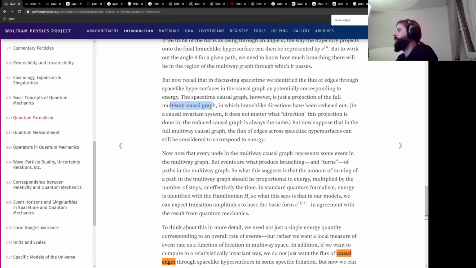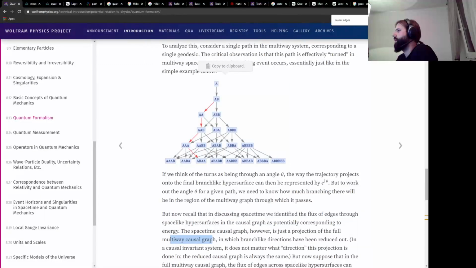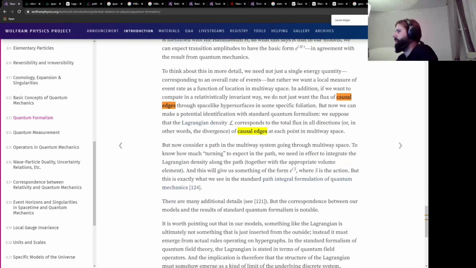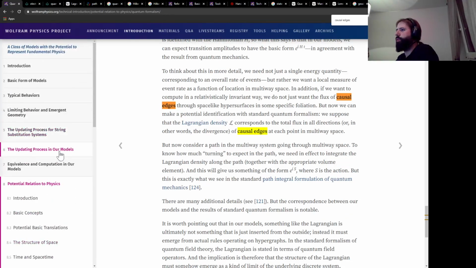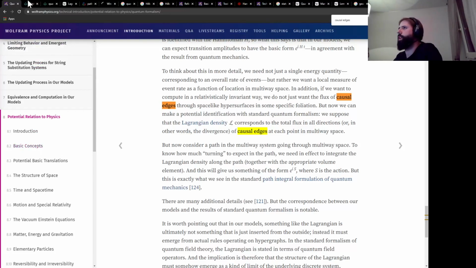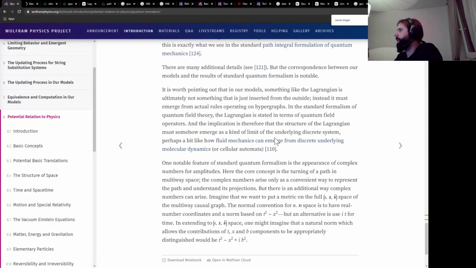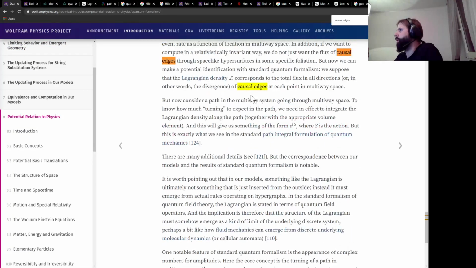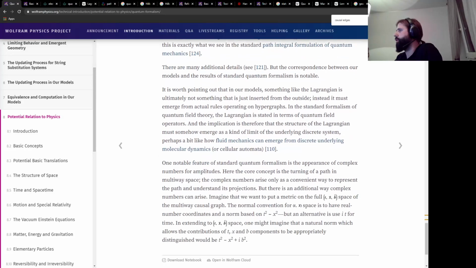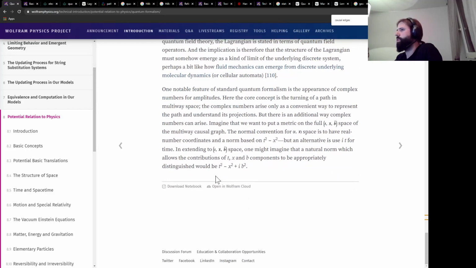Multi-way causal graph. I think that's the multi-way causal graph. I probably have to go back to the basic concepts for that, I'm guessing. And then the flux of causal edges, and that's somewhat like this Lagrangian stuff, and that tells you the turning.